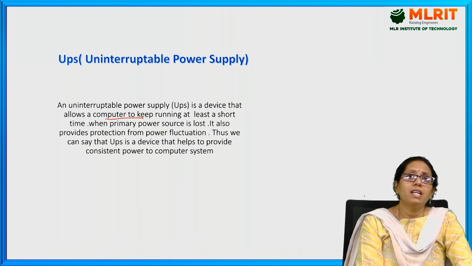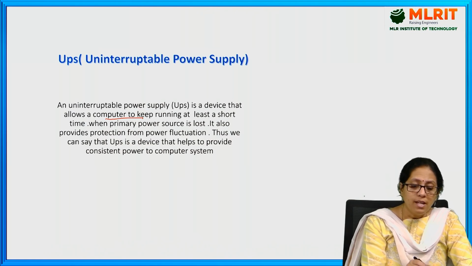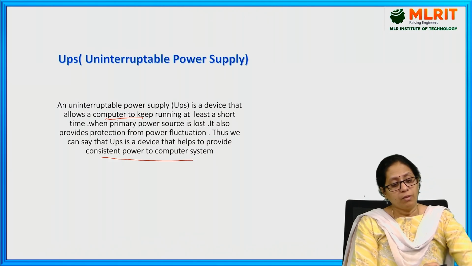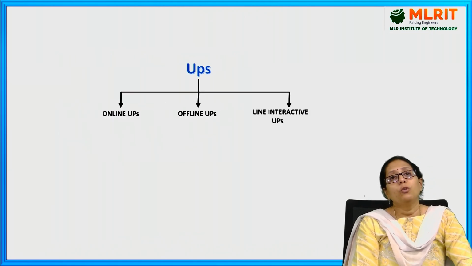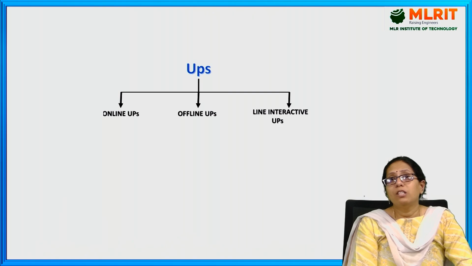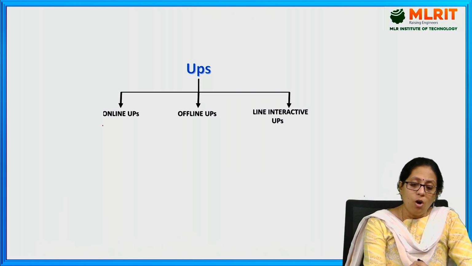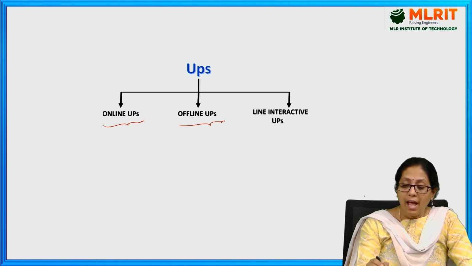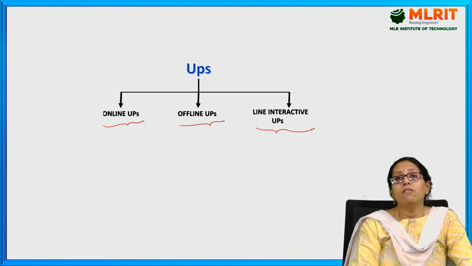Thus, we can say that UPS is a device that helps to provide consistent power to a computer system. UPS is mainly categorized into three types: online UPS, offline UPS and line interactive UPS.